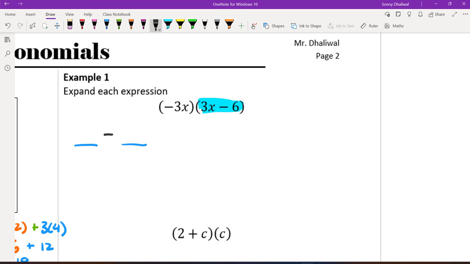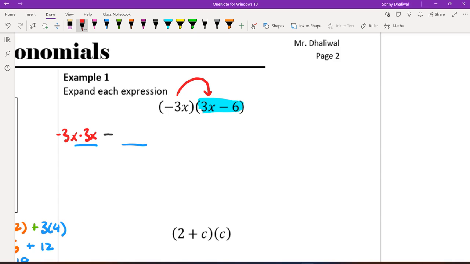And we put a minus sign because there's a minus sign in between there. Then we set up each calculation. And we said, okay, the outside term multiplies the first term. So the outside term is negative 3x. That goes here, and it times the first term, which is positive 3x. And we write that down.